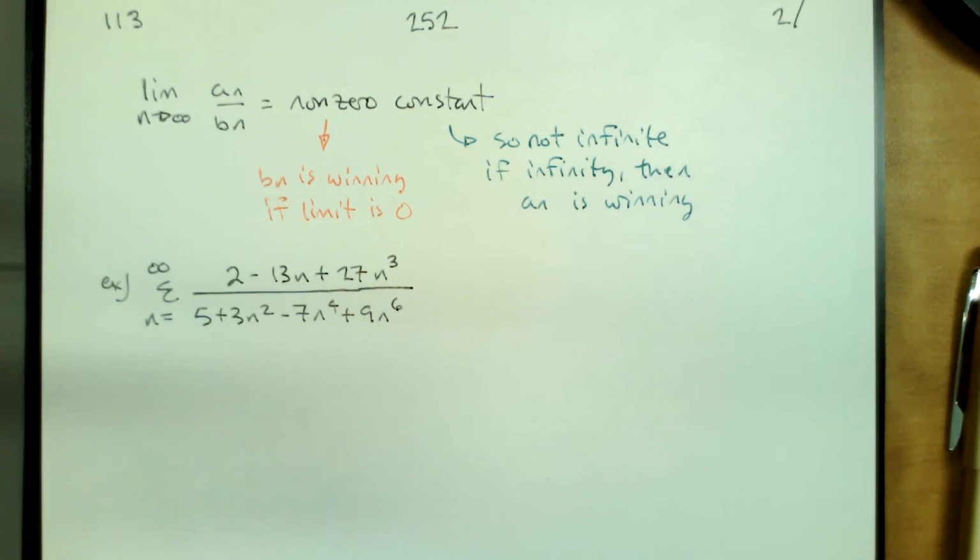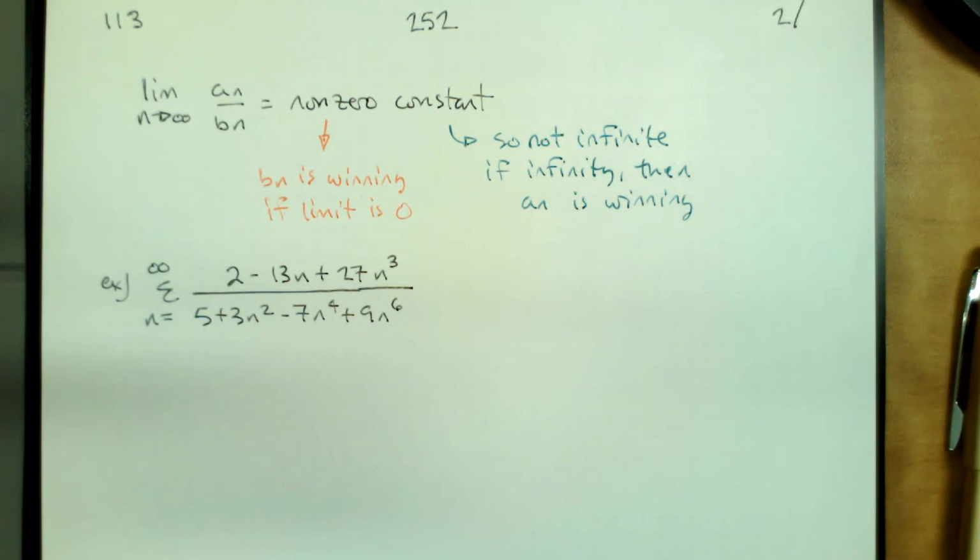I don't want to have to integrate this for one thing. That sounds awful. I don't want to try to figure out if this is greater than or less than something. I just need an idea of what's going on.